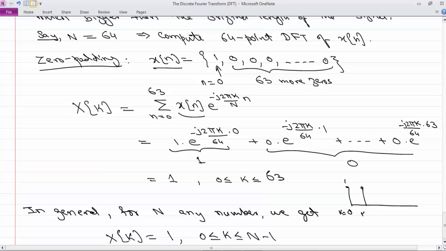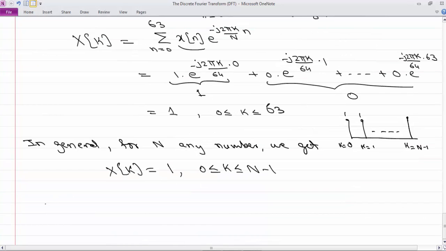For k equal to 1, I get 1. And up to k equal to N minus 1, I get 1. Okay. So I don't want to go beyond the N minus 1 limit. So it is very simple to compute the DFT using the expression. And in a computer, of course, it's just a summation. You just fire up MATLAB and you write the summation. Very simple.